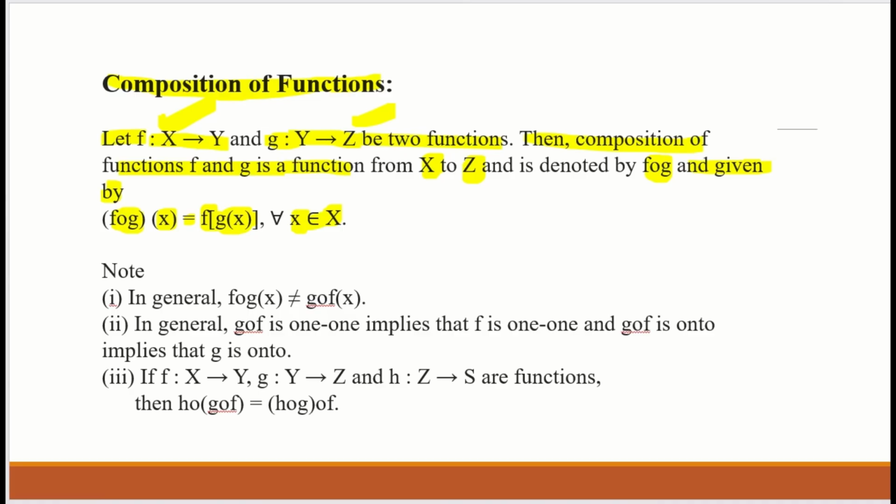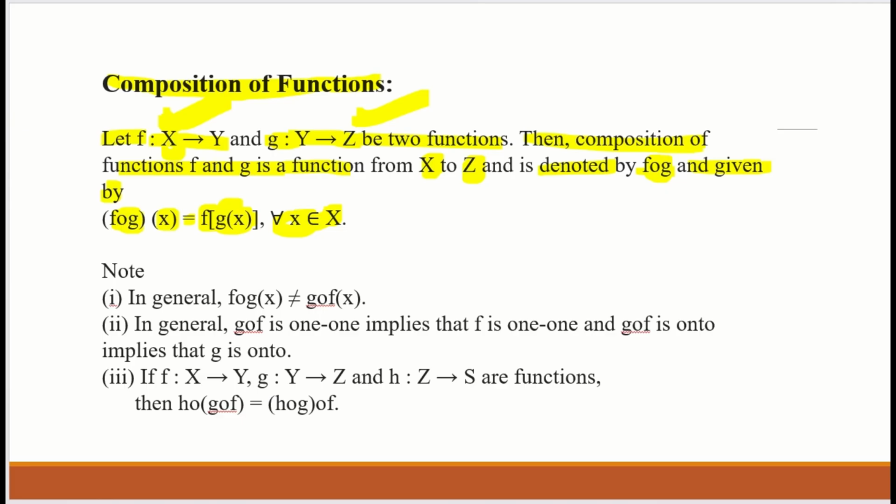Be careful. What is a composite function? Take two functions, f from x to y and g from y to z. Then the composition of f and g is also a function, from x to z, denoted by f composite g and given by f of g of x for all x belonging to domain x.